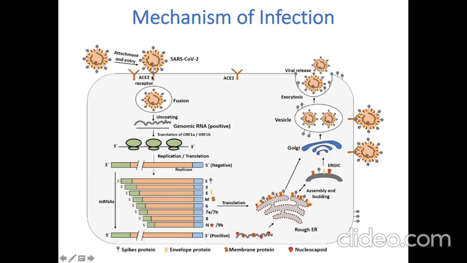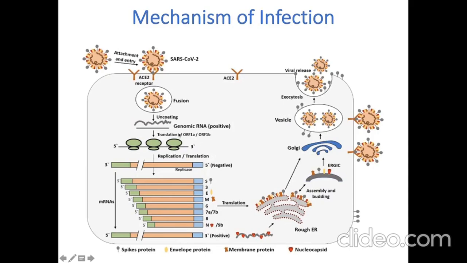This ACE2 receptor normally appears on the cell membrane or cell surface in the human body, particularly in the lungs, the liver, the intestine, etc. Once the spike protein of the virus interacts with this ACE2 receptor, it gets internalized into the cell by receptor-mediated endocytosis, and then it bursts inside the cytoplasm of the cell.